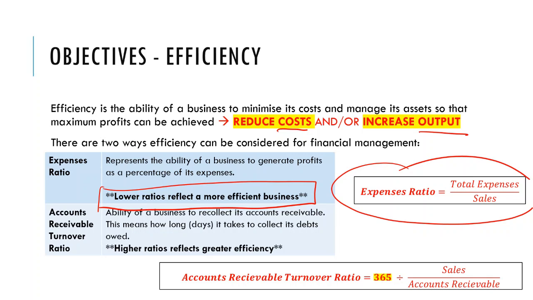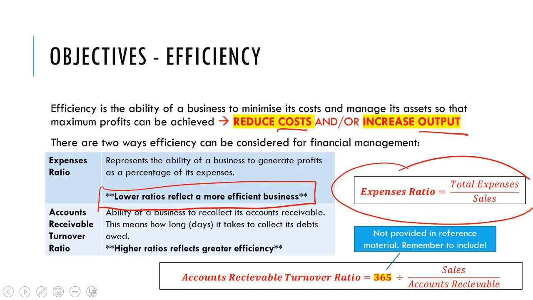Essentially, this represents how long it takes to get your money back. Now, the 365 won't be provided in the reference material, but you do need to factor in how many days the business takes to get its money back.